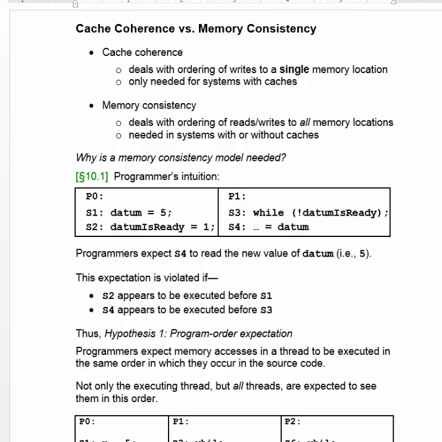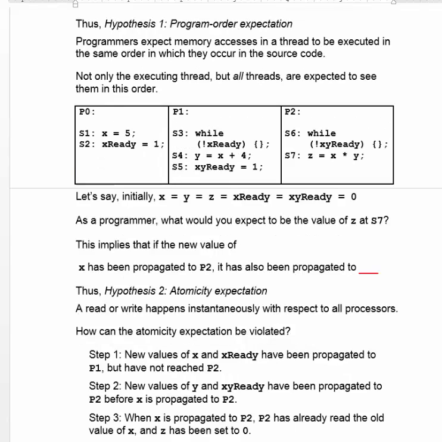So hypothesis 1 then, for sequentially consistent memory, is the program order expectation. Programmers expect memory accesses in a thread to be executed in the same order that they appear in the source code. And now, since we have different threads, different processors, we need to stipulate that all threads, and not just the executing thread or the thread that we're concerned with, are expected to see memory accesses in the same order.